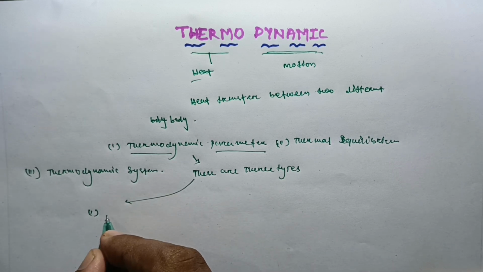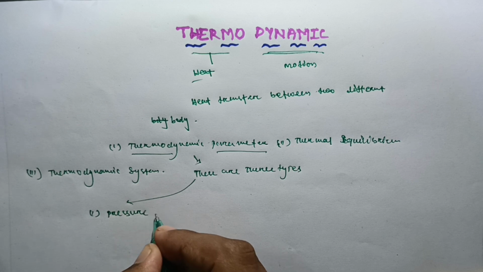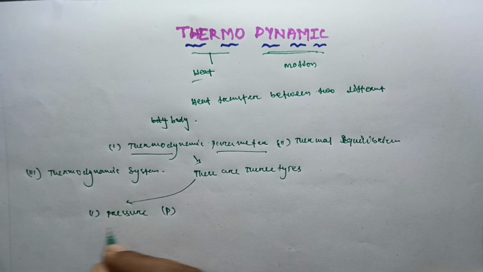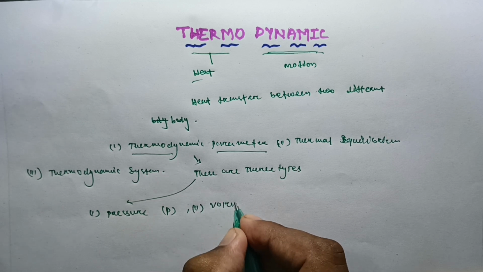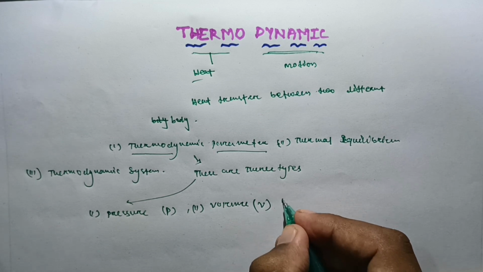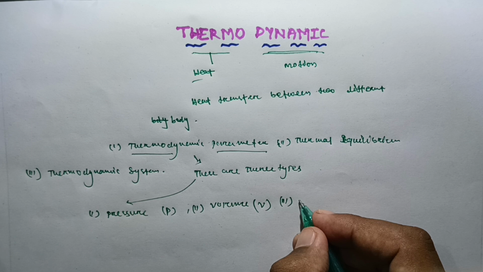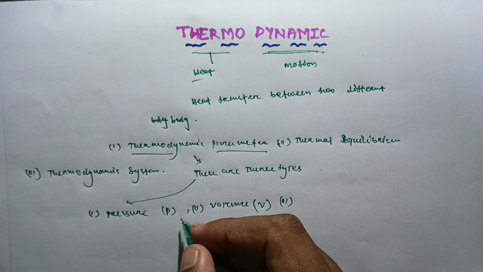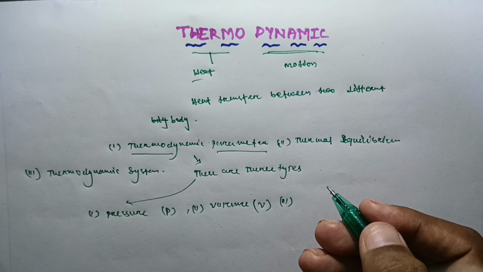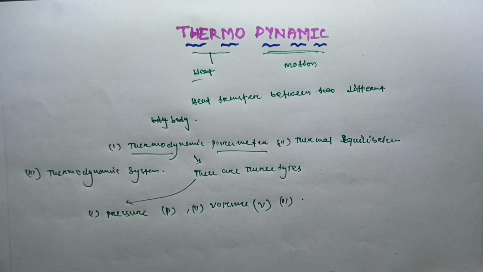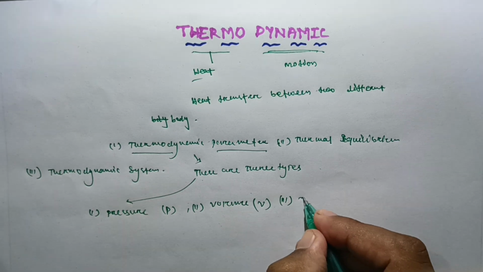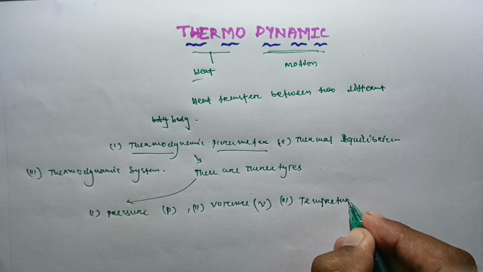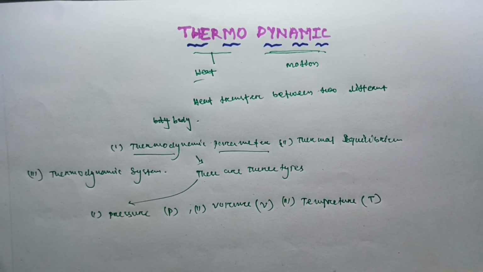First is pressure, which we can represent P. Second, volume, symbol of V. And third is temperature, which we can represent T. So these three are the basic parameters of thermodynamics.